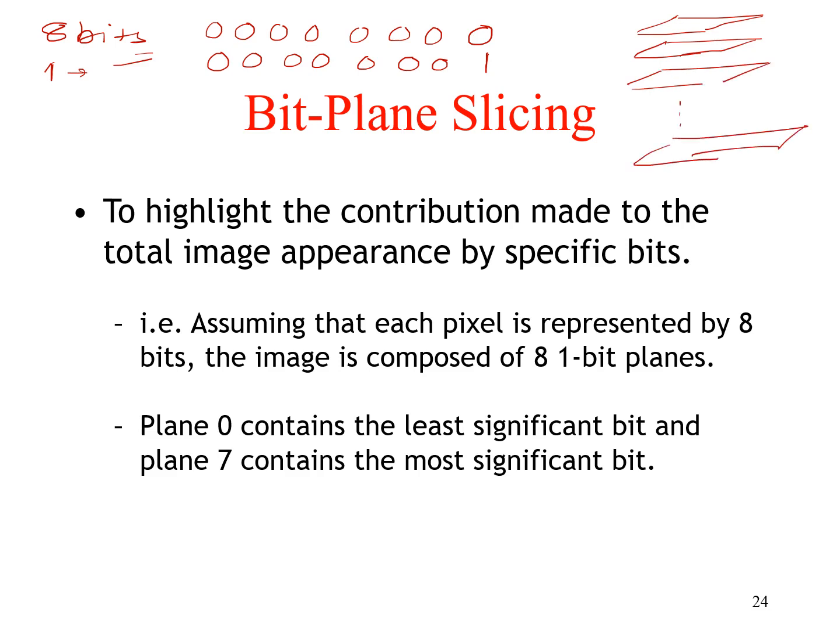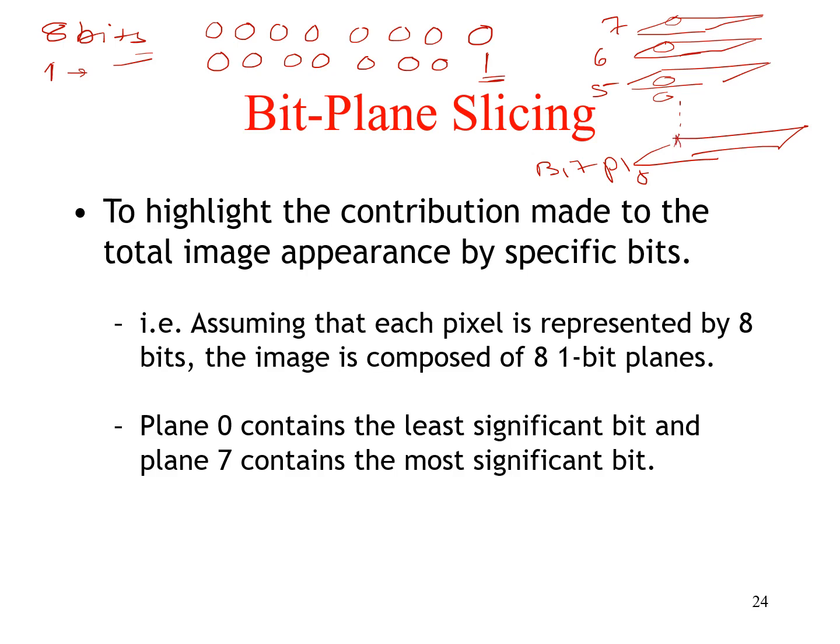So this may be bit plane 0, 1, 2, 3, 4, this is 7, this is 6, this is 5, and so on. When I take one pixel, this is the LSB and this is the MSB. So when I say it's gray level 1, I can have 0 0 0 0 0 0 0 1.